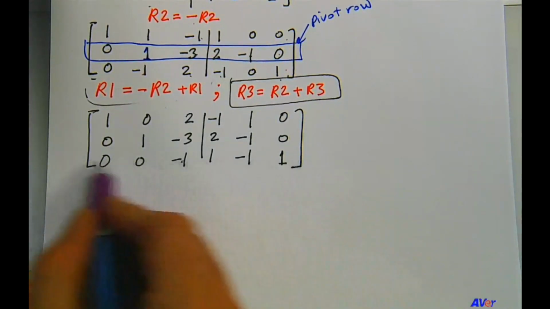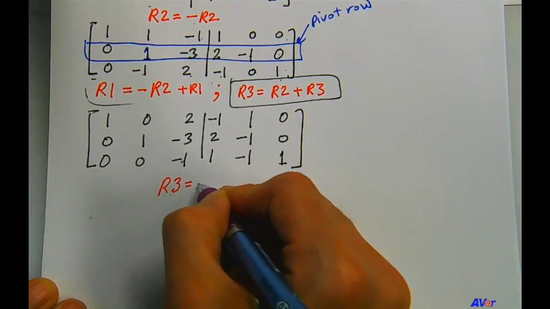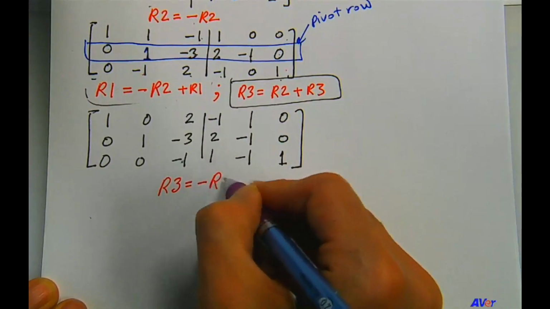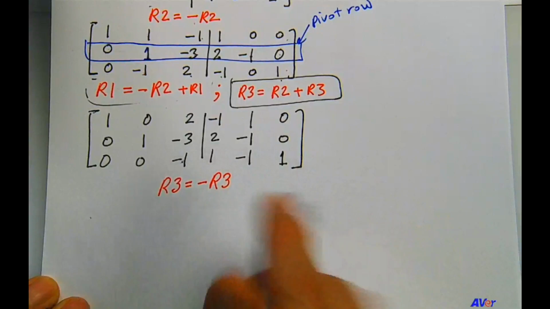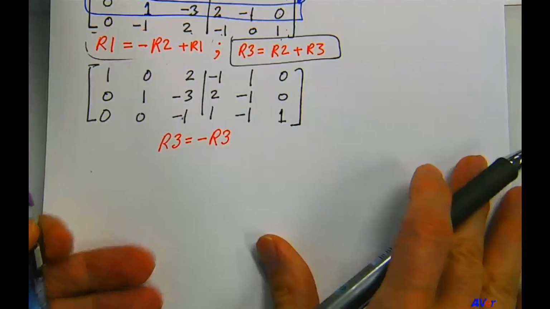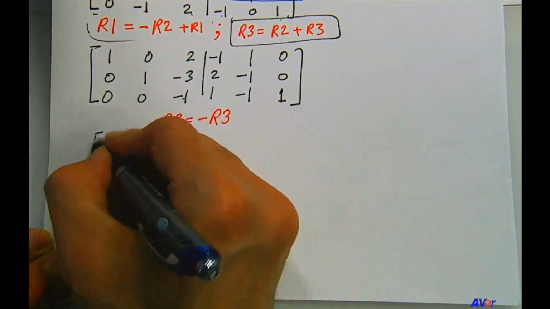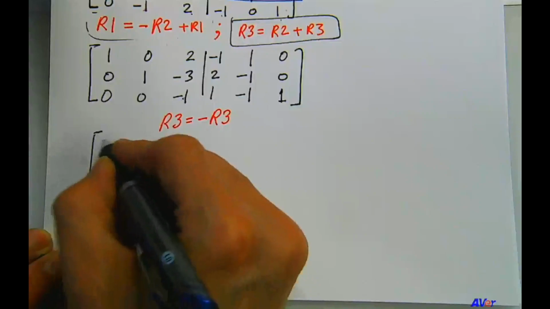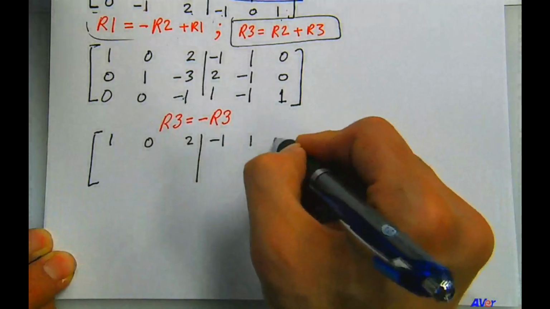Simply multiply the third row by -1. So row 3 is equal to -1 times row 3. This is just distributive property, right? -1 times row 3. Great. So let's write down the next matrix. The first two rows don't change, for now at least.